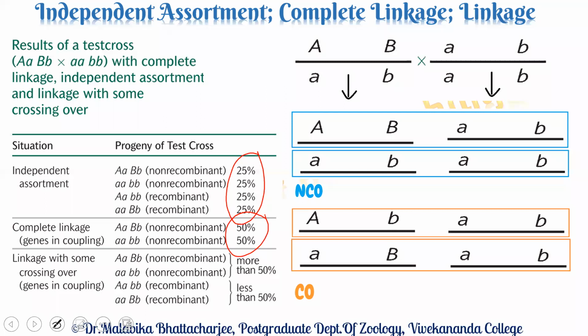And finally, if you get more than 50% of the non-crossover products and less than 50% of the recombinant or crossover products, you have to conclude that the 2 genes in concern are partially linked. So that is how the result can give us an idea about the status of the 2 genes in question, whether they are independently assorted or whether they are linked.